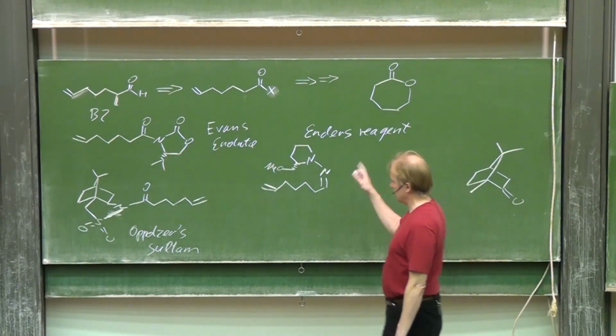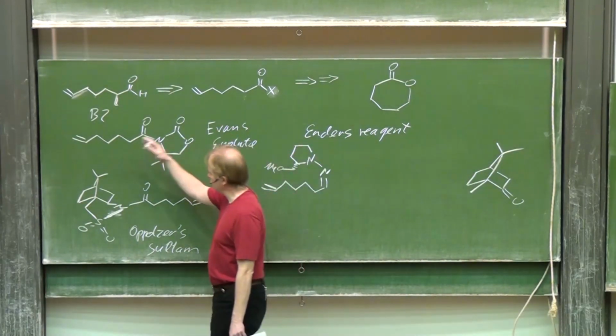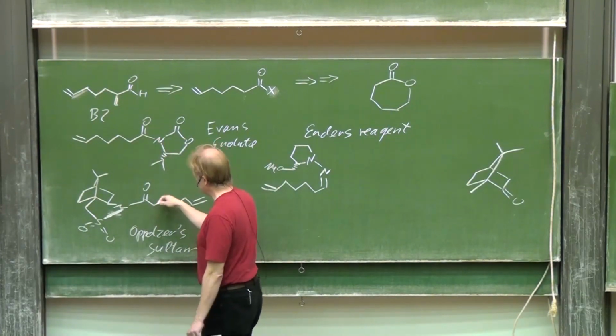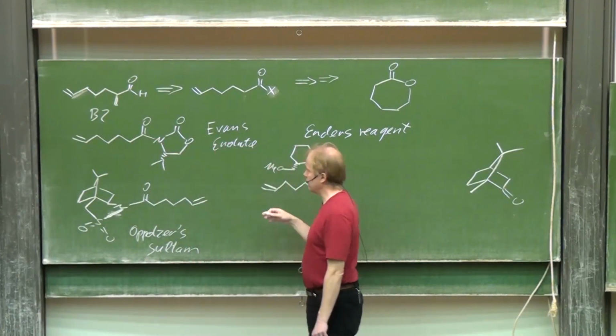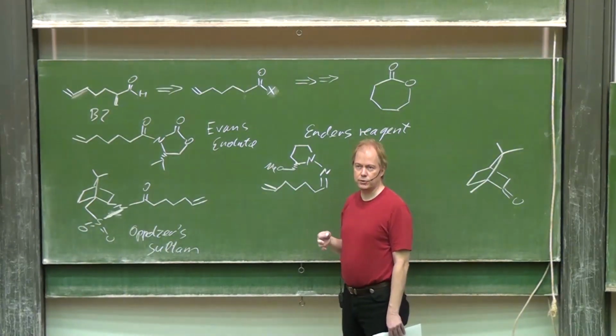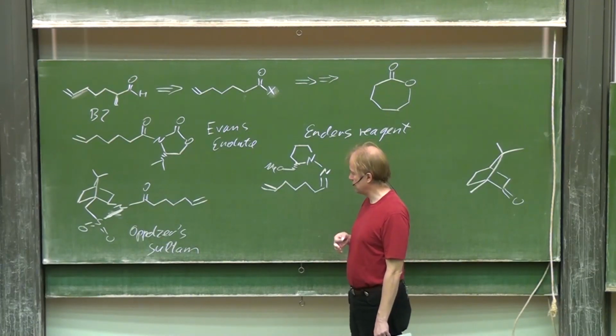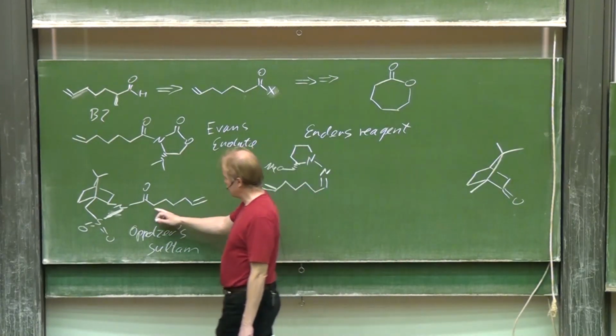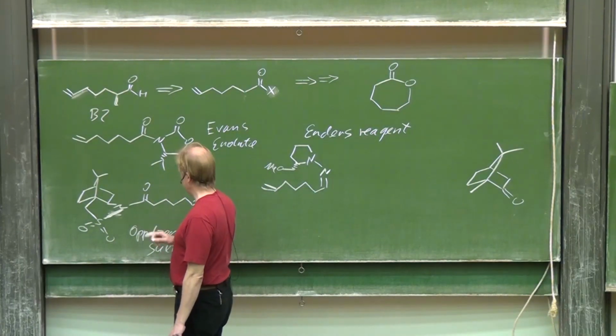So, in any case, deprotonating, forming enolates, and then alkylating with methyl iodide will form highly enantioselectively a stereogenic center here in the alpha position.